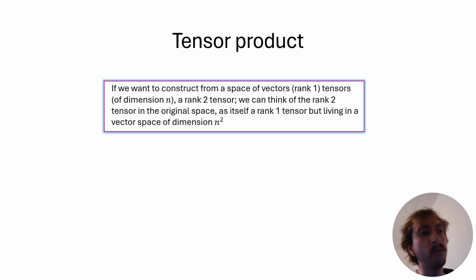Now, for those of you who are not sure what a tensor is, I've done a full 45-minute video, although hopefully it won't seem quite that long, on tensor algebra. But tensors are quite useful in physics, but for our purposes, we can think of a rank 1 tensor as an object with one index, so that'd be a vector, whereas a rank 2 tensor would be an object with two indices, which would be a matrix.